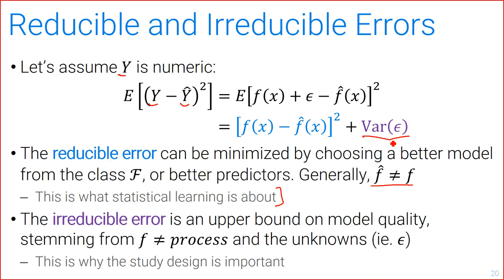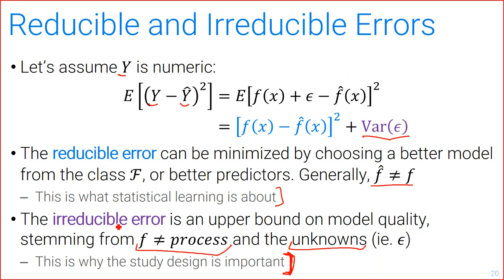And then here in purple, we have the irreducible error, which pertains to epsilon. This irreducible error represents an upper bound on how good the model can be. It again stems from the fact that the optimal function is still going to be different from reality, and that we do not know all the factors affecting the response. This is why the study design is important. This is why the first 3 lectures are important, because regardless of how much data you have, regardless of how complex the models are or how complex the training process is, you are always going to have some degree of irreducible error.